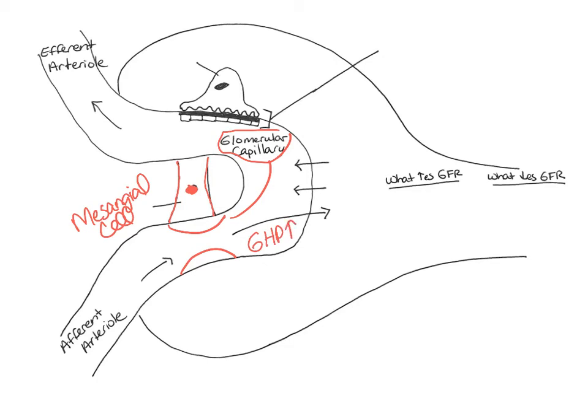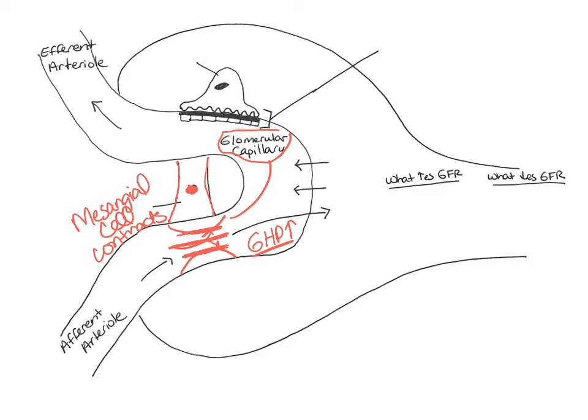So when the mesangial cell contracts, it's going to be narrowing the passageway, the lumen of the glomerular capillary. And just by narrowing that lumen of the capillary, now the blood has less room to bump around in, and so your glomerular hydrostatic pressure is going to go up.